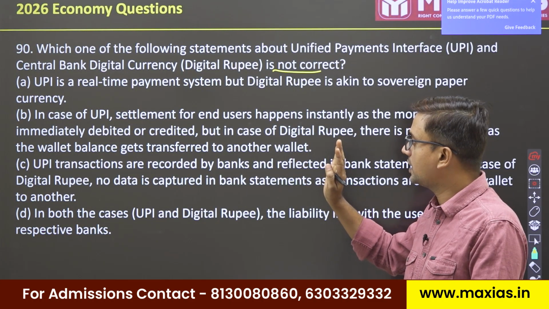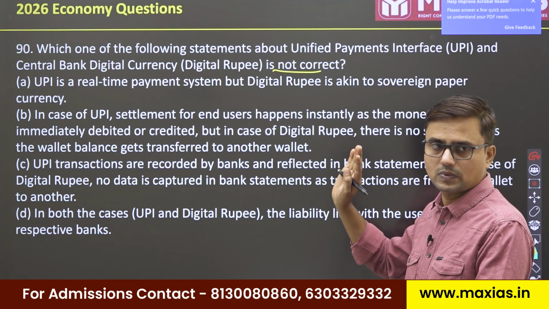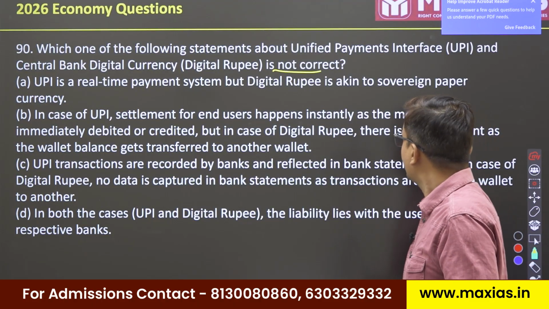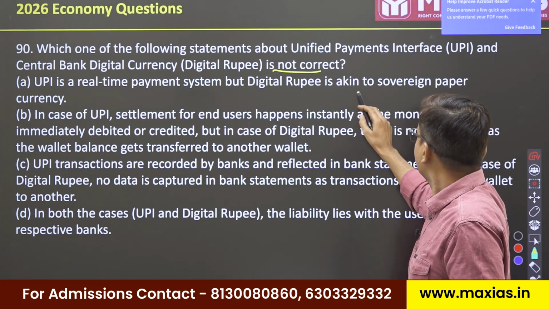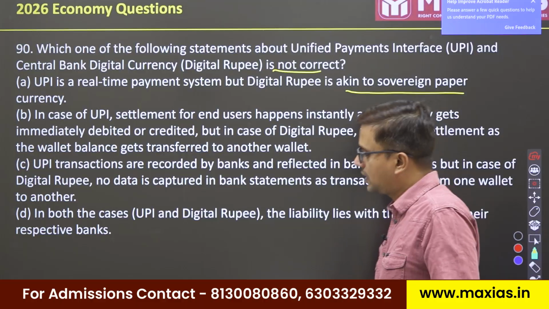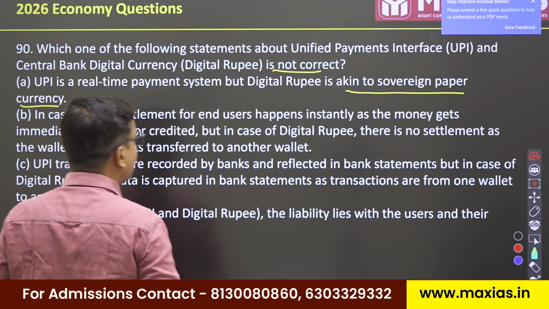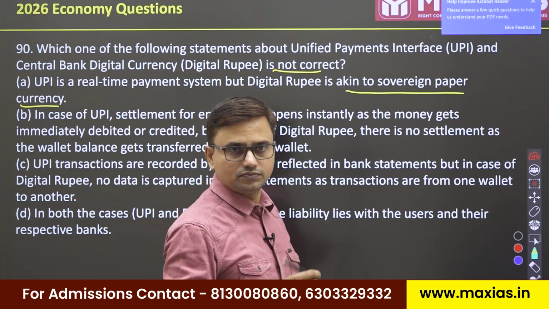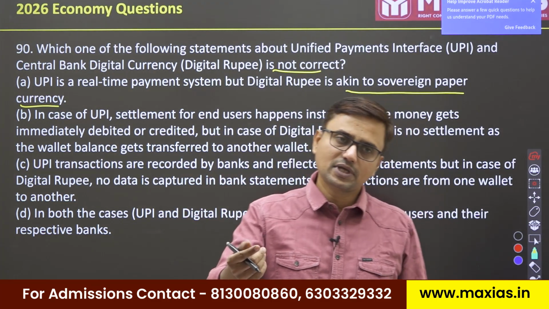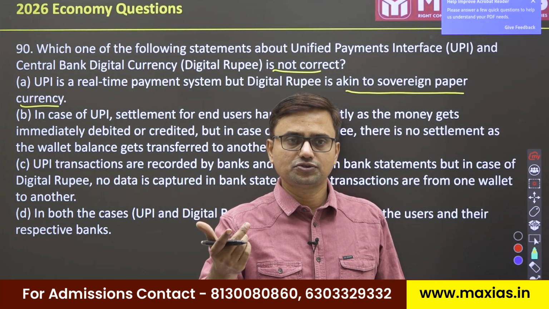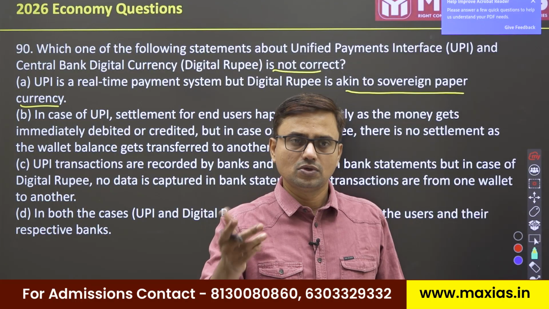UPI is a real-time payment system, but digital rupee is akin to sovereign paper currency. UPI is a real-time payment system. Yes or no? When you scan with Paytm, instantly you will get a message. Right?